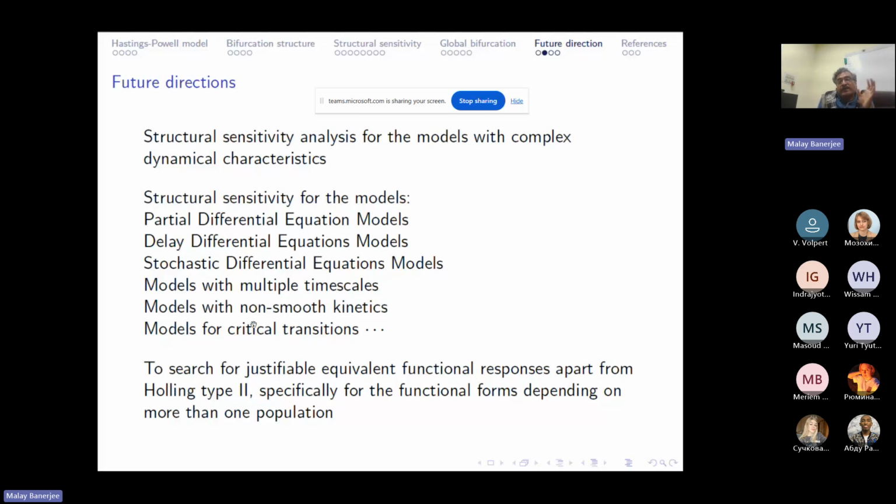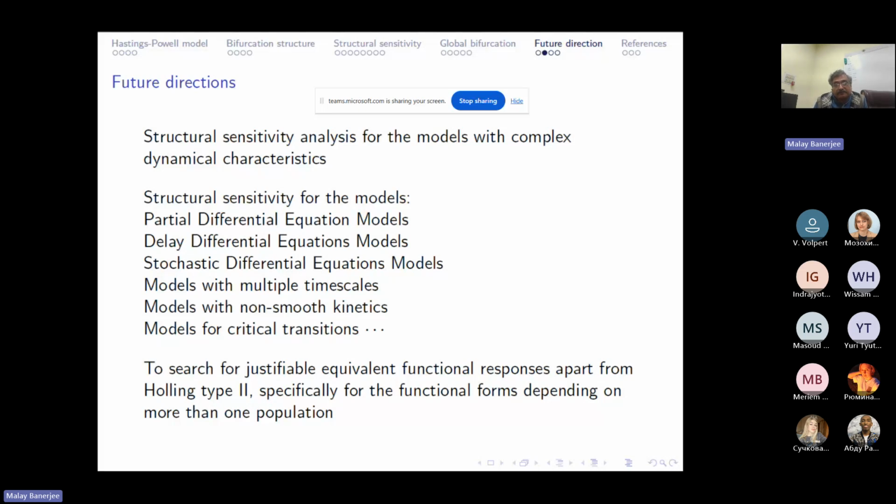As of now, so far as my knowledge goes, models with critical transitions or extreme events are studied with authors emphasizing saddle-node bifurcation of equilibrium points. But there is very little literature on saddle-node bifurcation of limit cycles, or as I have shown here in the case of Ivlev functional response, saddle-node bifurcation of 2 periodic cycles also. Whether those are related to such kinds of critical transitions or not will be an interesting research direction.